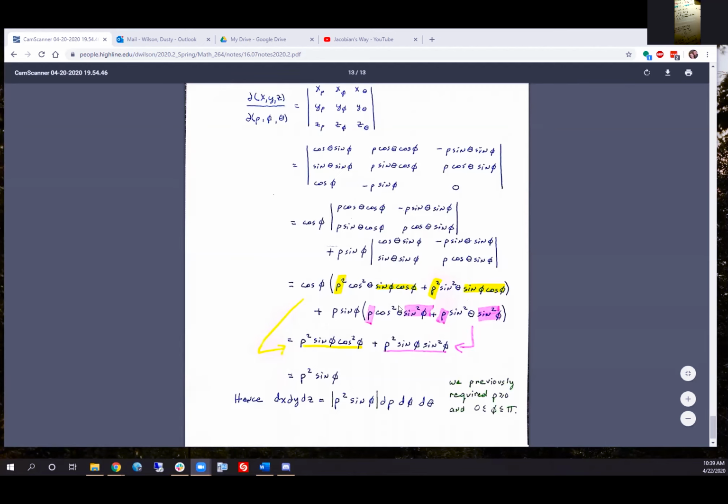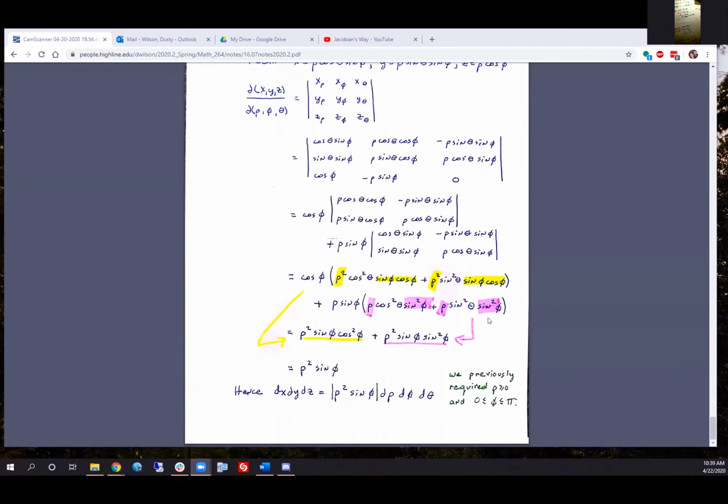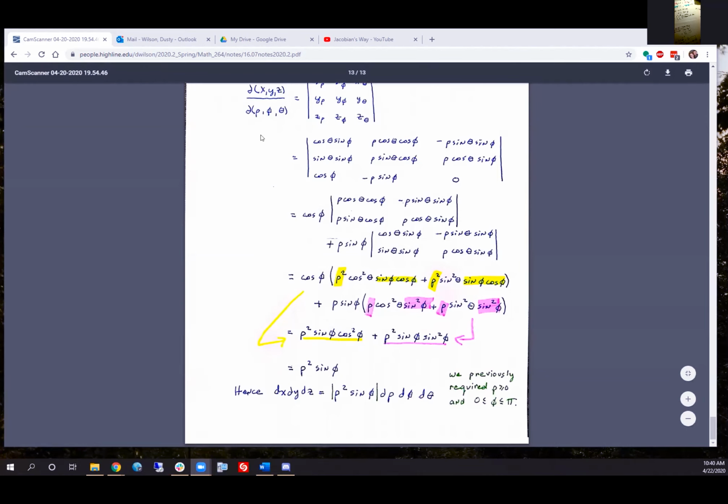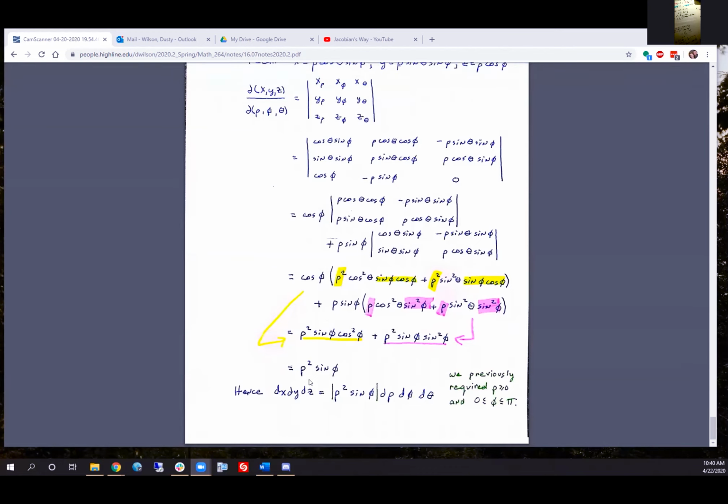There are yellow common factors and pink common factors, and you end up with a whole bunch of Pythagorean identities. And at the end of the day, you end up with your rho squared sine phi.